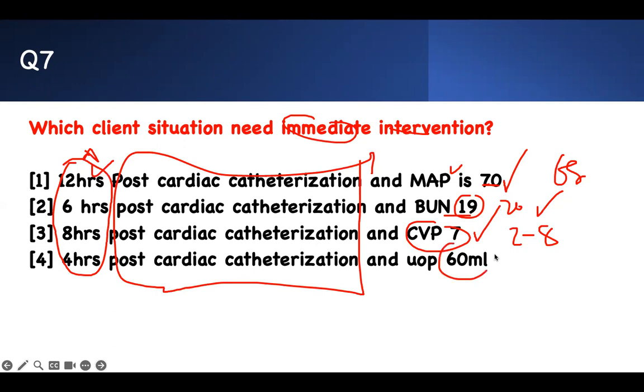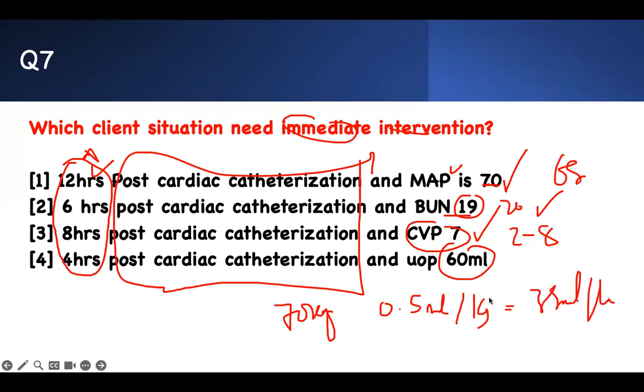Your urine output is 60 ml. The average person is 70 kilos, and you need to have at least 0.5 ml per kilo, which is about 35 ml an hour. Okay, 35. Sometimes we say 30 ml per hour.